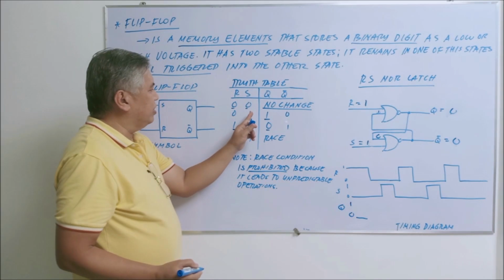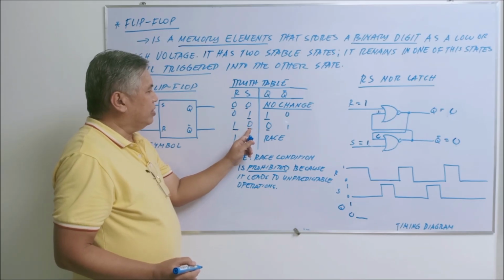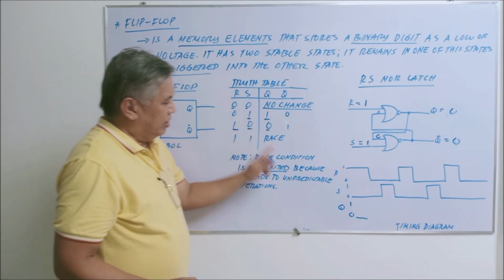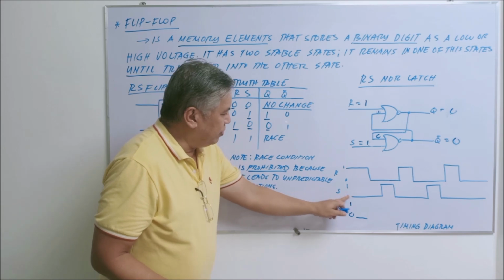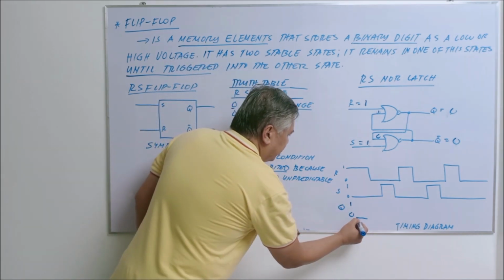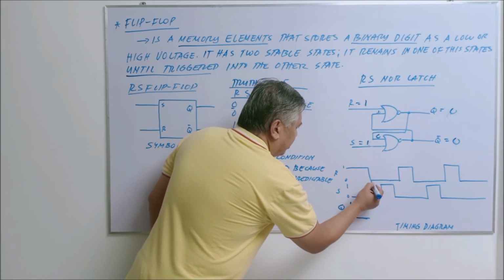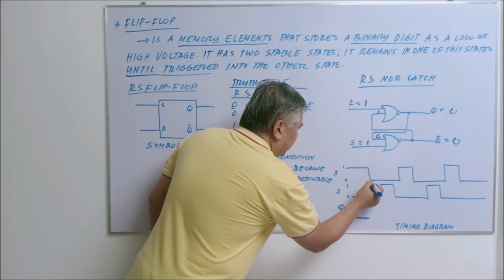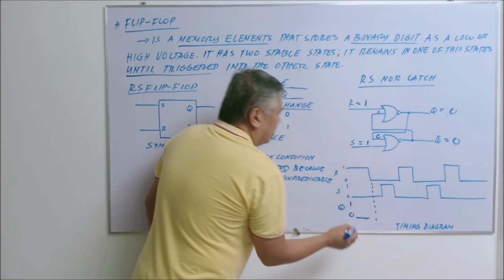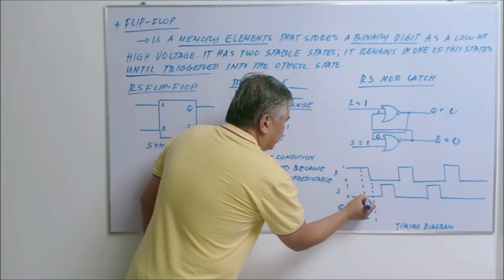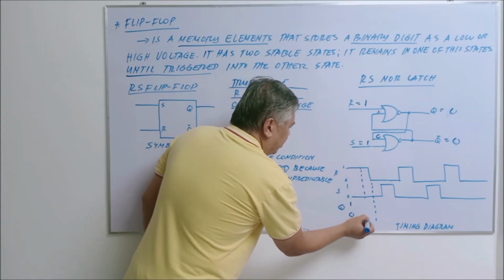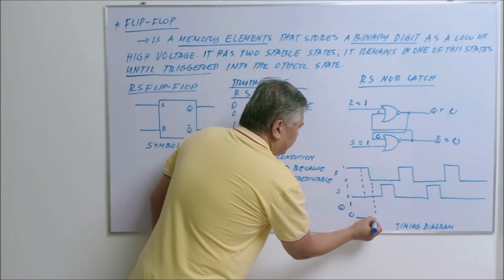S implies Q. Since S is equal to 0 here, that means that the output Q remains 0. So when it reaches this particular area, here you have 1, 0, it will remain 0.